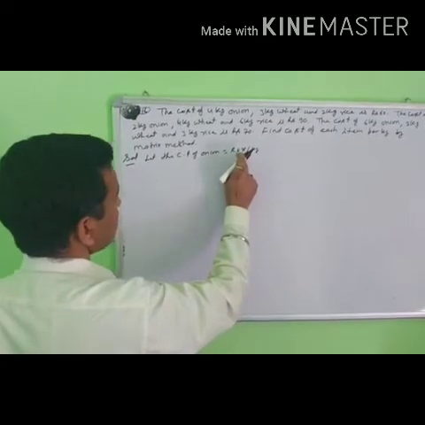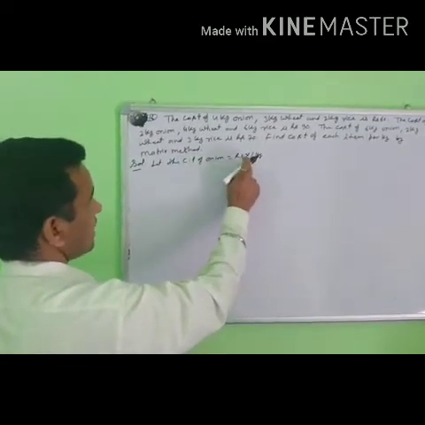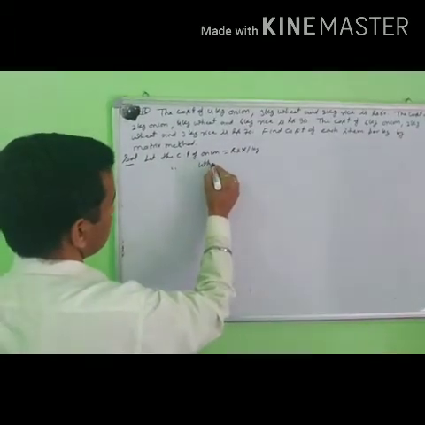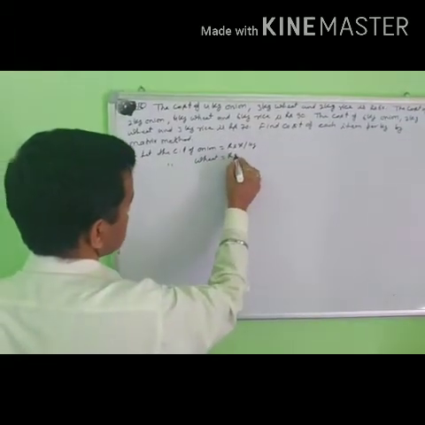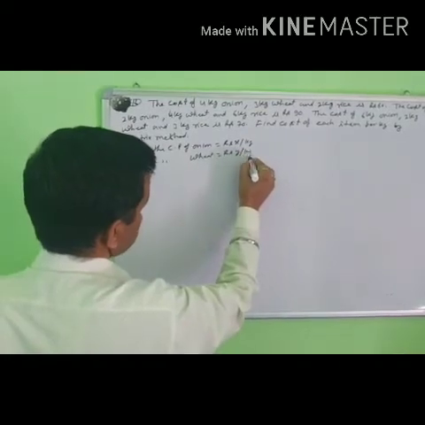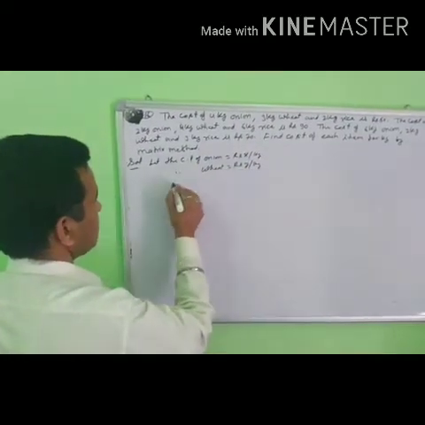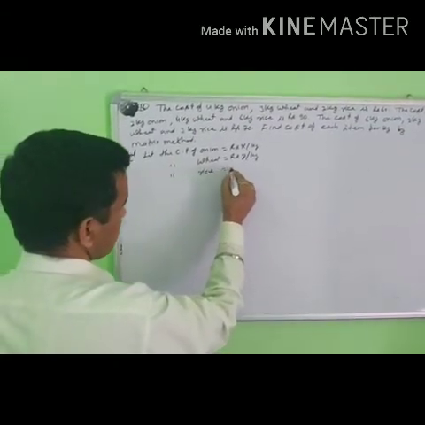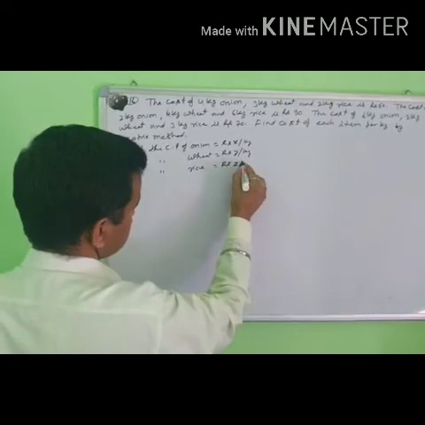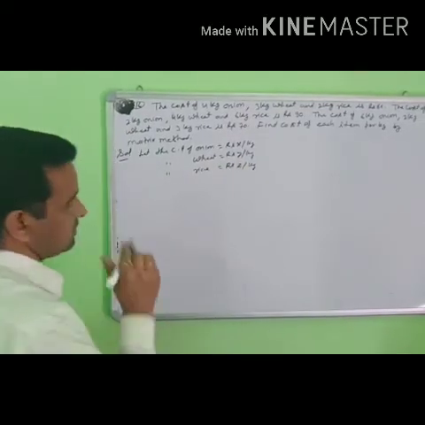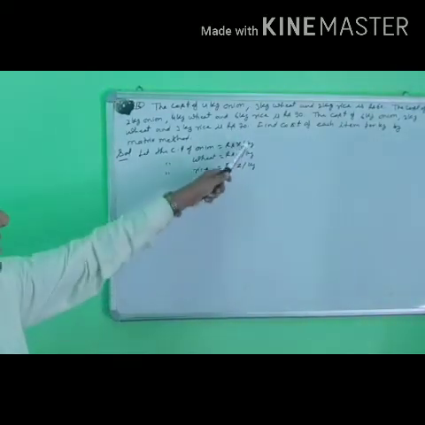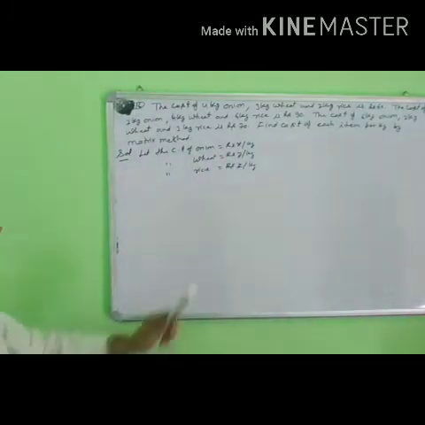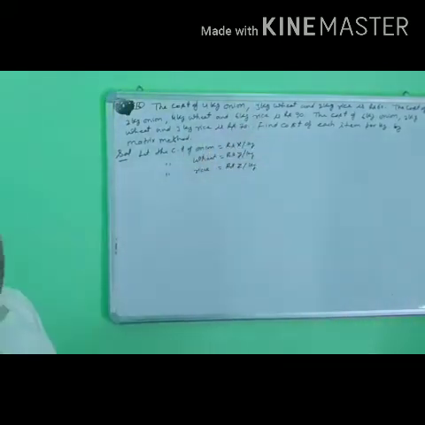Suppose the rate of wheat is rupees y per kg. Similarly, the rate of rice is rupees z per kg. Now this is the rate per kg of onion, x, wheat, y, and rice, z. Now according to the conditions we will convert into equation form.